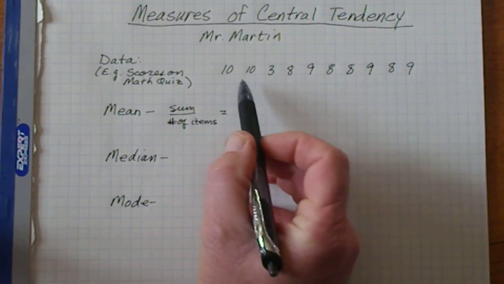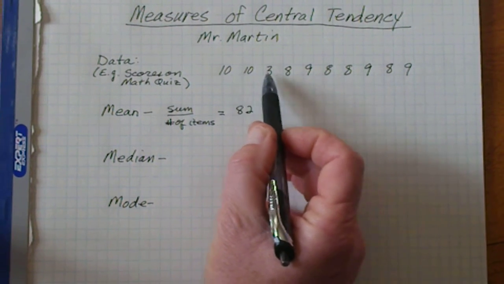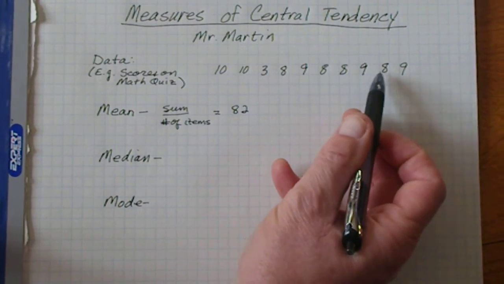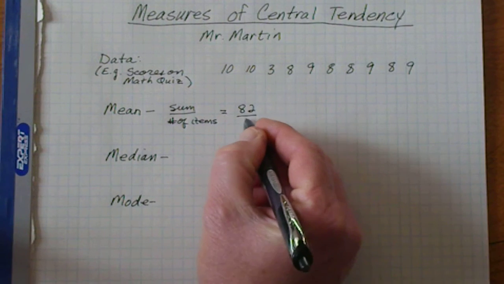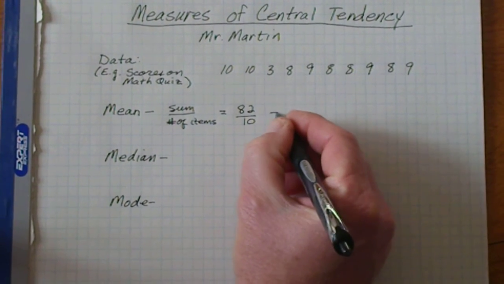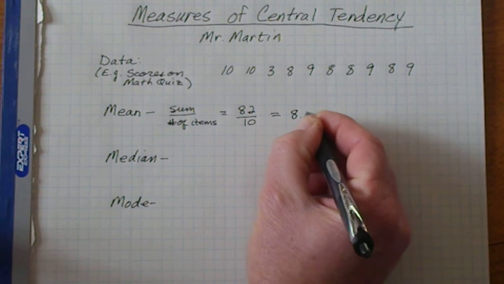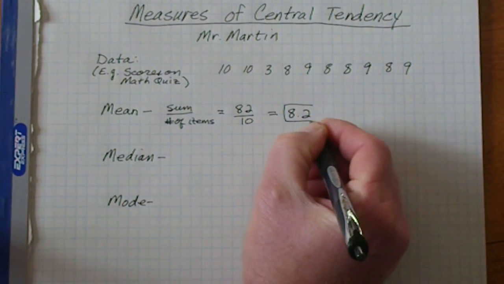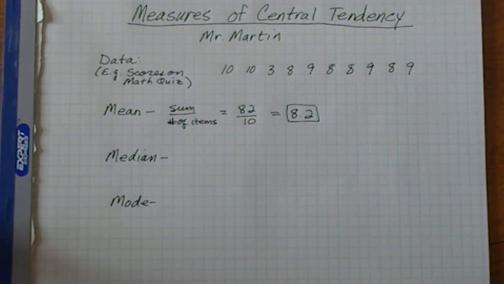The number of items is 10, so I divide by 10. 82 divided by 10 is 8.2. So my mean is 8.2.